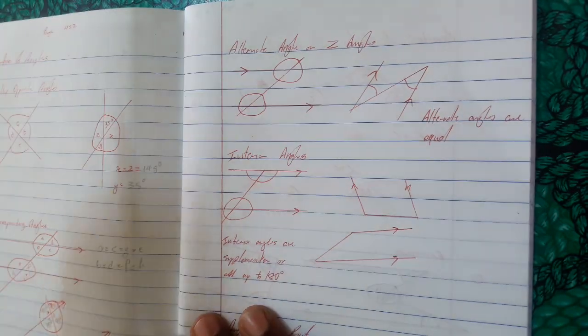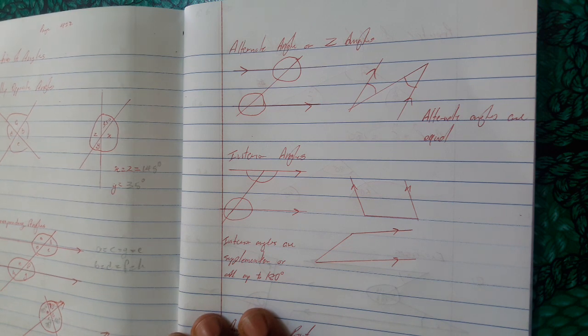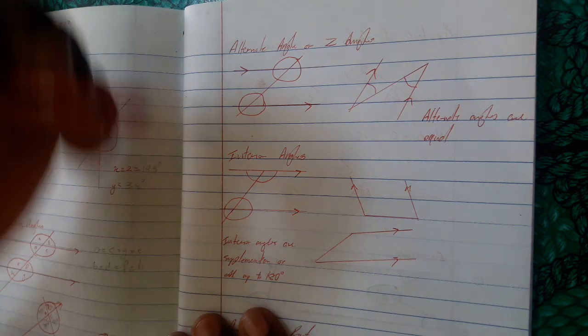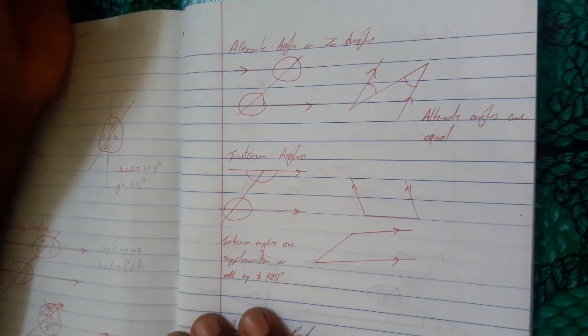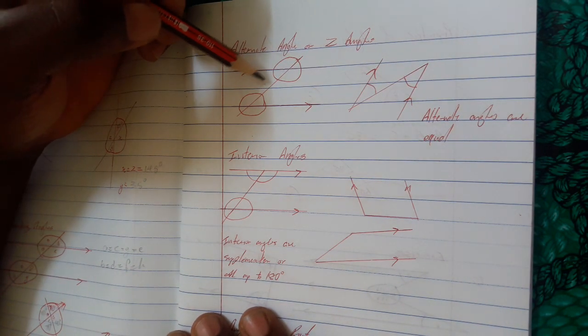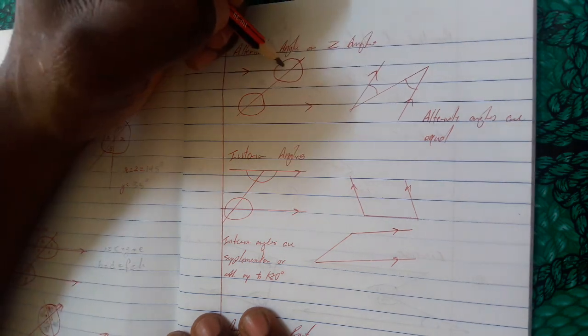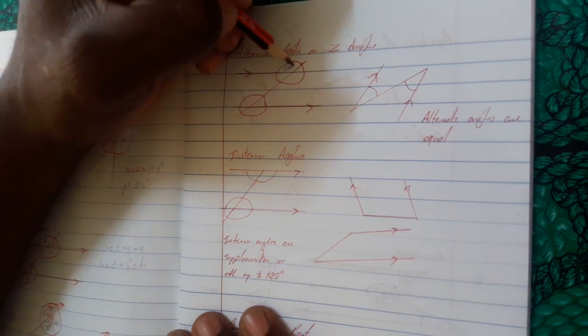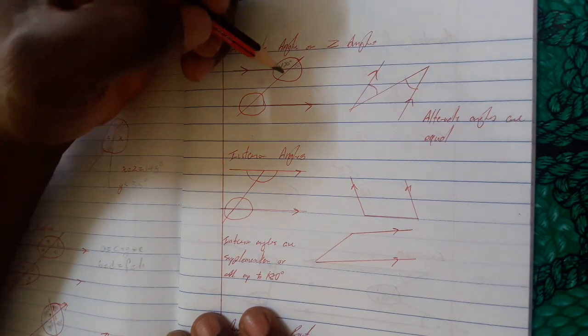Then we have the alternate angle property, also called the Z angle, because it looks like a Z. The alternate angle property comes from the corresponding angle property. Look at this example. This is a corresponding angle. And let's say A was 120. Then there will be 60, because those straight lines must add up to 180 degrees.